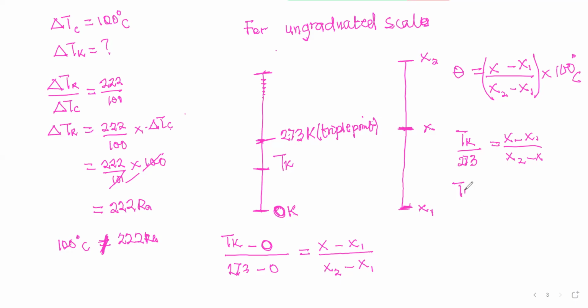Therefore, TK, that corresponding temperature, will be equal to x minus x1 over x2 minus x1, times 273 Kelvin.